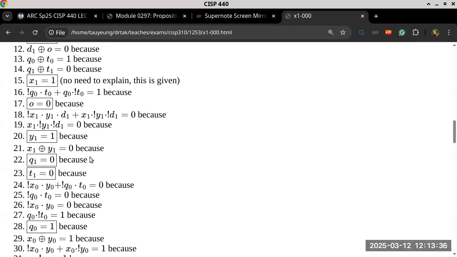When this question was fed to ChatGPT, it was able to figure out most of the answers. It was able to go, okay, based on what we already know, I can now figure out why the negation of Q0 and T0 is zero, based on everything before 25.